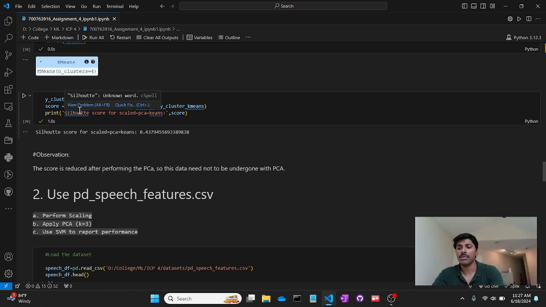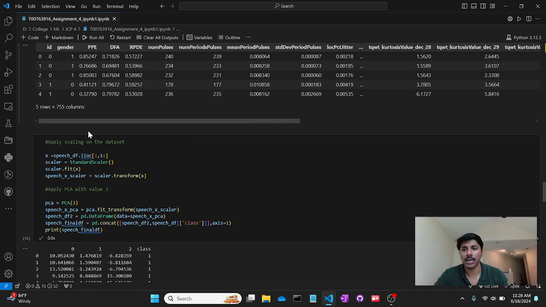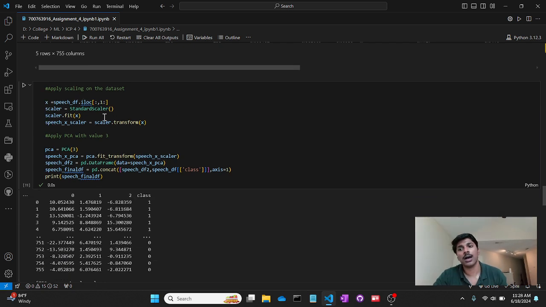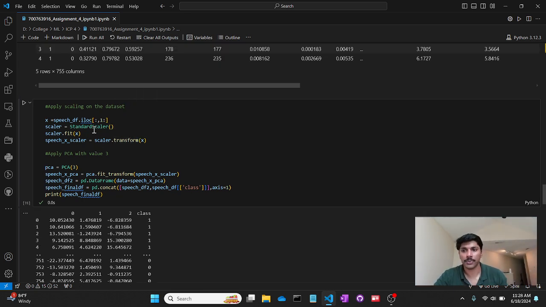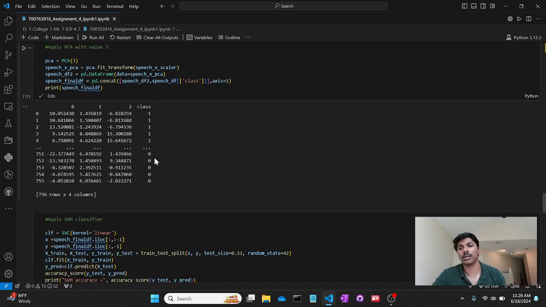Coming to the second part of the assignment, which is speech data with SVM using this particular dataset. I imported the dataset, and as with the previous principal component analysis, I filled in the values and scaled the dataset so that I get only the data that is essential for the assignment and leave the rest.